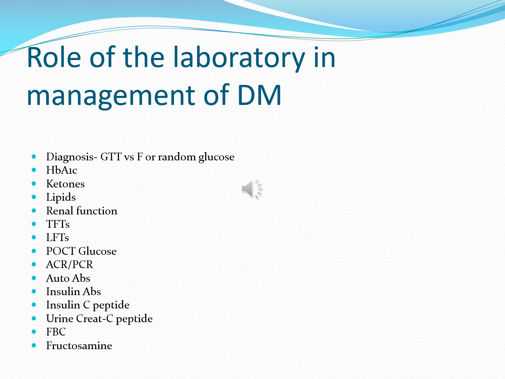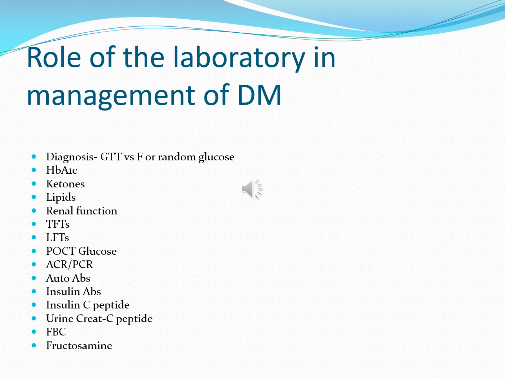LFTs, some of the treatments can affect LFTs. Remember point of care testing glucose as well. ACR, PCR is albumin creatinine ratio, protein creatinine ratio. Okay, so we mentioned that in relation to renal function. Autoantibodies and insulin antibodies, we've not really mentioned those, but they are used in the diagnosis of type 1 diabetes.